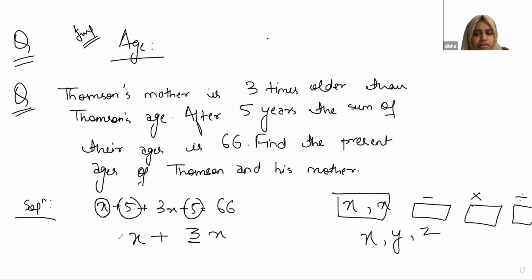What is here? 1. Since x has 1, we are not mentioning 1, we are just writing x. But since it has 1, so 1 plus 3, how much? 4. And what do we have in common? x. x plus 3x equals to 4x.